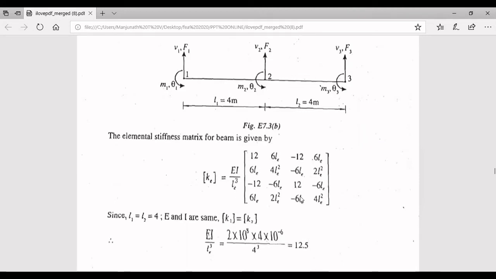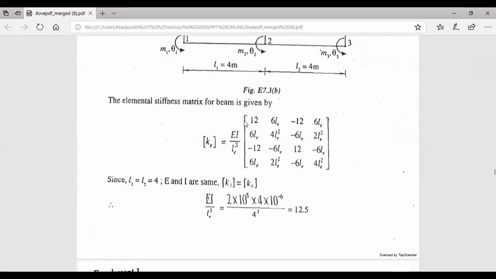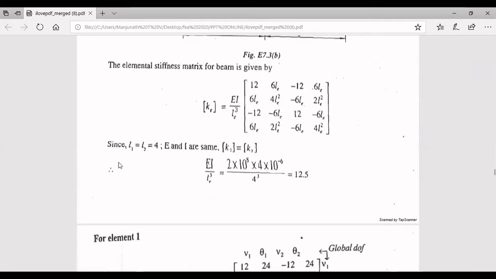This is the elemental stiffness matrix for the beam element. By using this, we need to calculate the elemental stiffness matrix for each element. Element number 1 and element number 2 exist here, so we need to obtain Ke1 and Ke2. Here L1 and L2 are both the same.